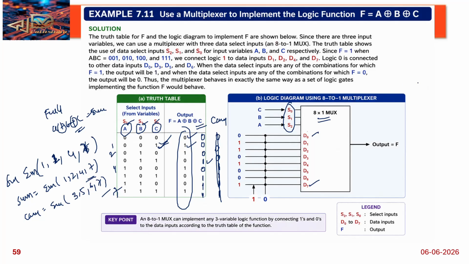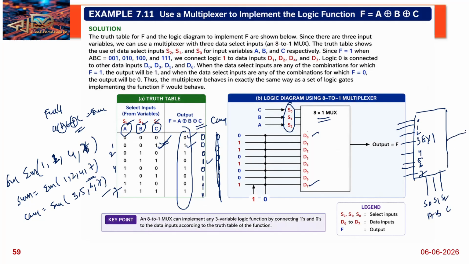If you get confused, draw the 8 by 1 mux: 0 1 2 3 4 5 6 7, and 3 select lines, S0 S1 S2, that is A B C, and one output I am getting here.